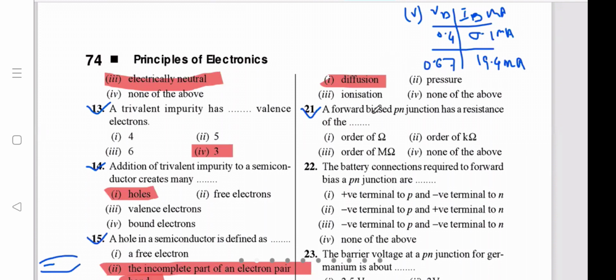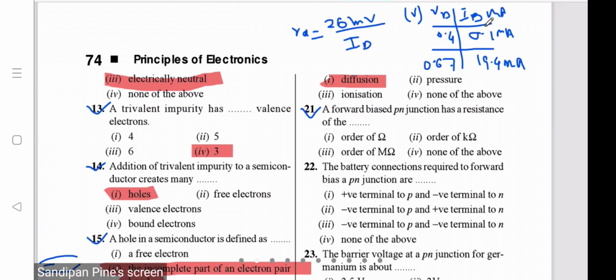So the forward bias resistance of the PN junction, small rd, equals 26 millivolt by ID. This formula we have established.